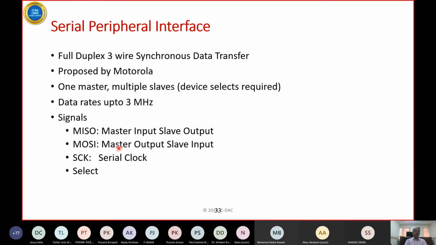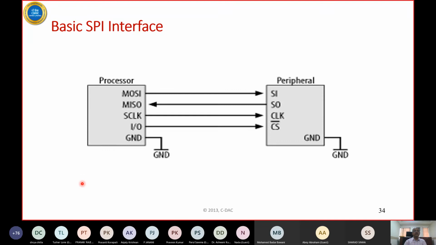So it is also called MOSI and MISO, that is MOSI, master out slave in, and MISO, master in slave out. And how do the master and slave know when to sample the data? There is a clock. The clock is always given by the master. Needless to say, select lines may be present if you are using multiple slaves.